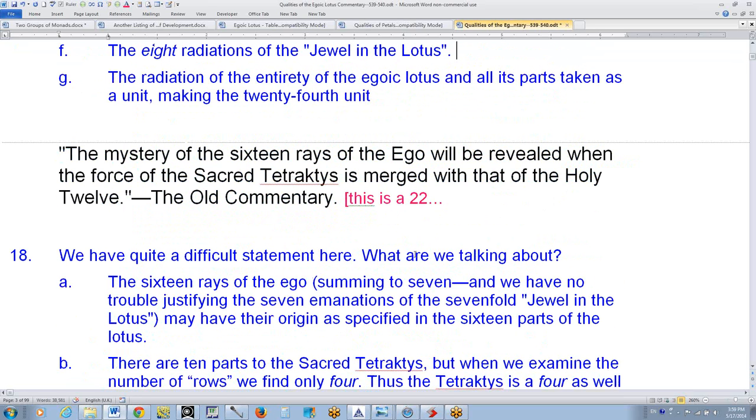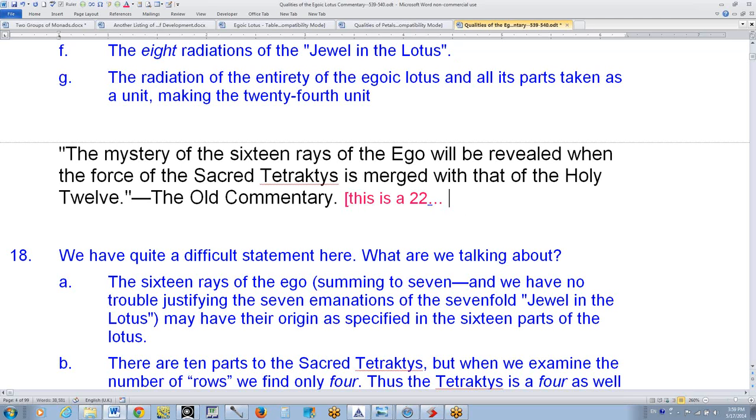Can we make a Tetractys out of the ego? Is there a way to make a 10? Well, there is a way to make a 10.